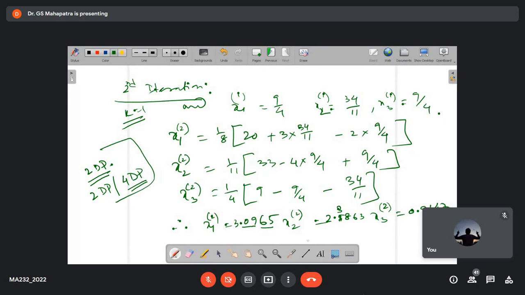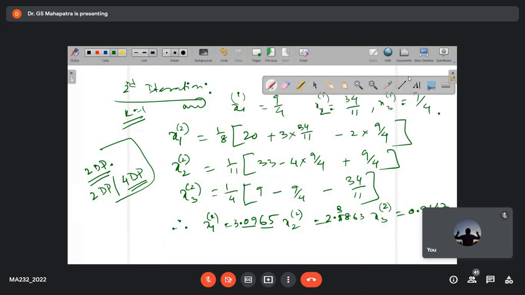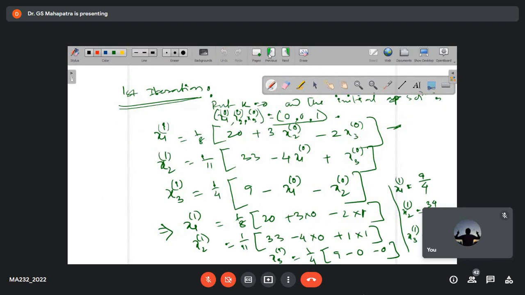So now I think this is the second iteration. Now I will not write the third iteration and so on. You have to find the third iteration. So for the third iteration, what is the k? Now k equals 2.